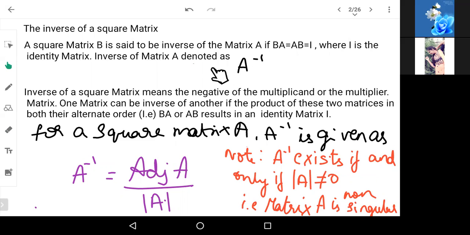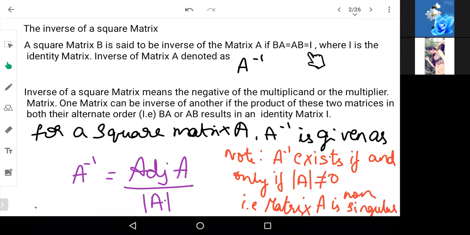We denote the inverse of a matrix like this: capital A, or the name of the matrix. It has to be a capital letter and the power should be minus 1. Now, we will say it is an inverse matrix when you multiply B into A and A into B, and both results should be an identity matrix.